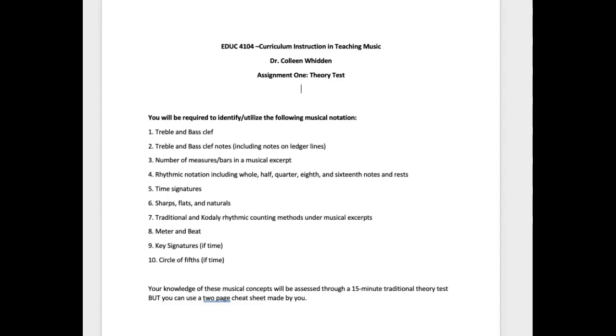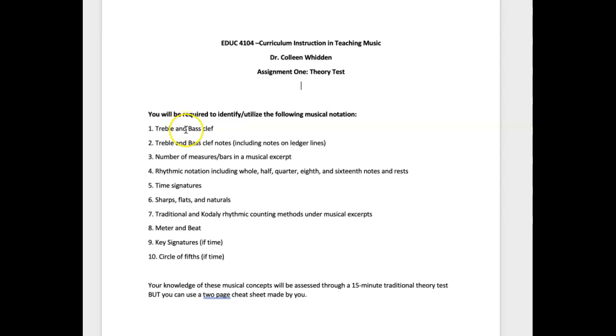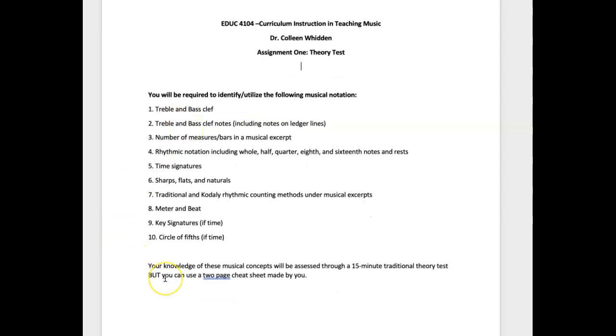The first part of the assignment is just a good old theory test. Don't panic. You'll be required to identify all of these things, and we will go through these in class time. Your knowledge of these musical concepts will be assessed through about a 15-minute, pretty traditional theory test where I'll give you a piece of paper and you fill in what I'm asking.